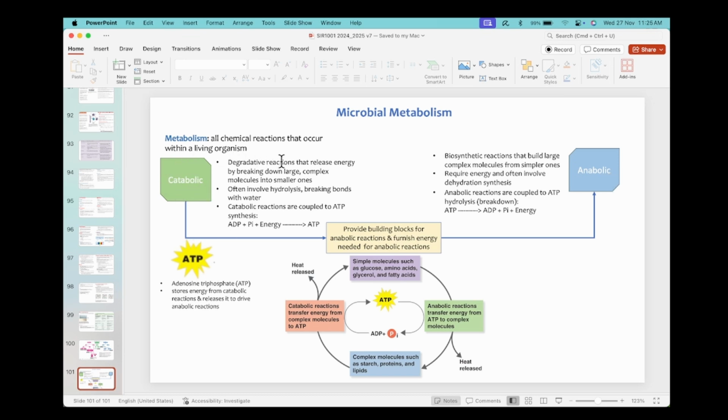Catabolic is degradative, breaking down, and usually coupled to ATP synthesis, energy producing, whereas anabolic is usually to build more complex molecules from simpler ones and usually requires energy. So these two processes, catabolic and anabolic, are coupled because of the requirement of energy here and the generation of energy here.